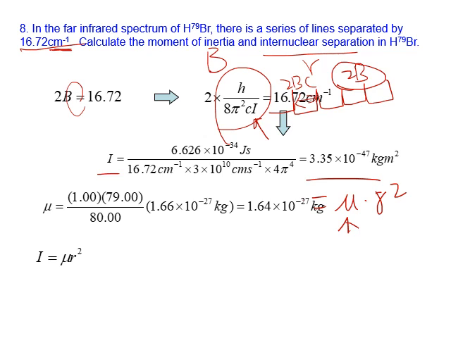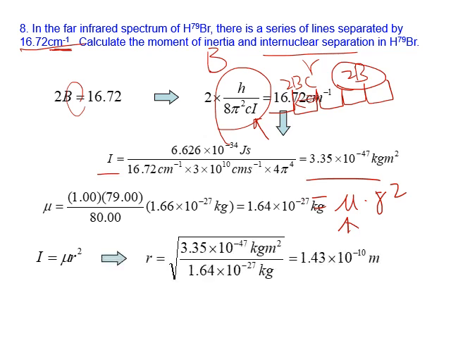From this equation, R is the square root of I divided by mu. Mu is this, I is here, plug in, and that gives you the bond length, 1.43 times 10 to the minus 10.